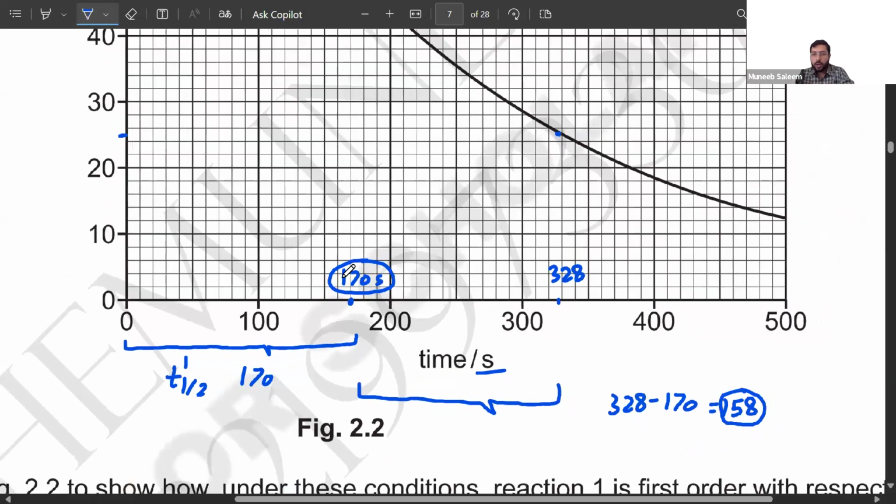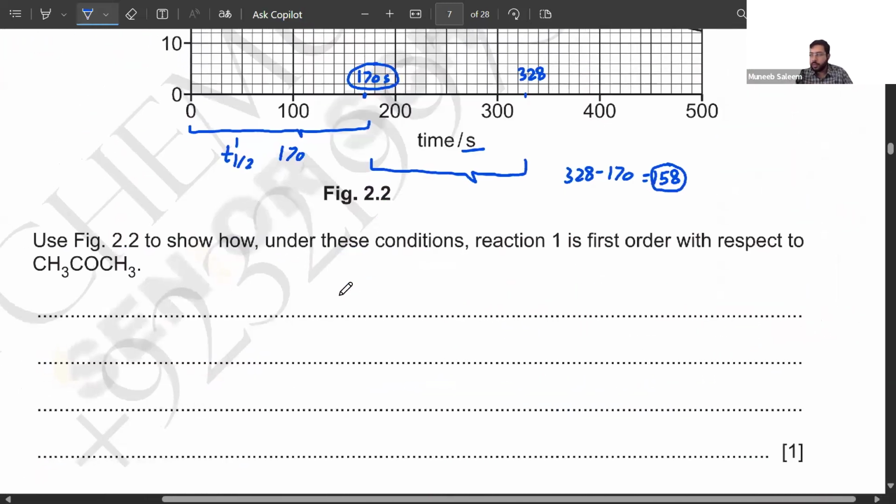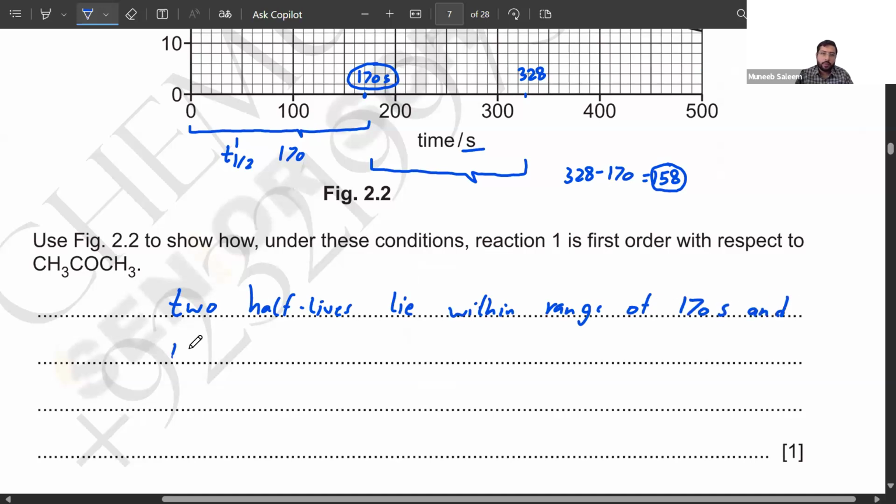So two half-lives are giving the answer. You can say that the two half-lives lie within the range of 170 seconds and 158 seconds. They are roughly constant.